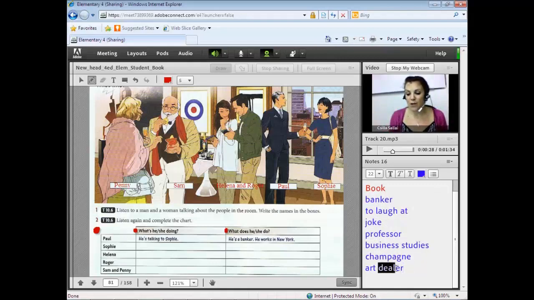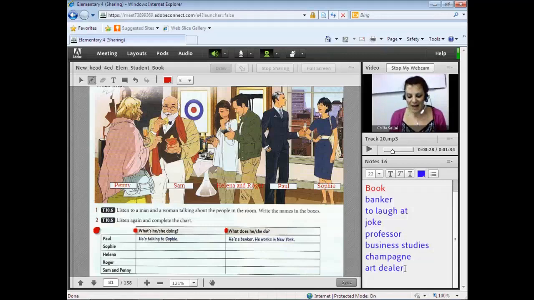The second part, dealer, means a person who buys and sells things. And art, I'm sure you have heard about it before. Art, for example, all those paintings, drawings, sculptures, pictures that talented people make to express their feelings. And an art dealer is a person who sells and buys those things.